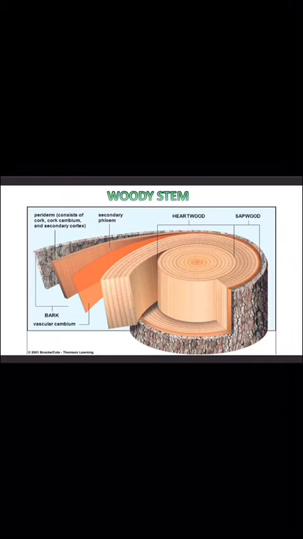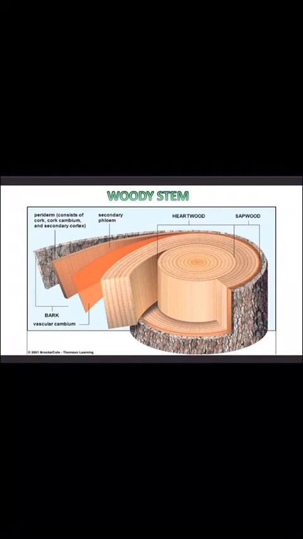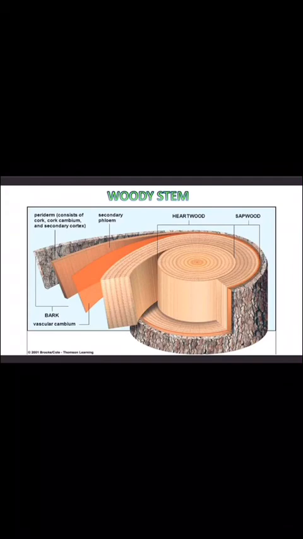And look at this, this is what I want you to focus on: sapwood and heartwood. Now you can see the bark, first layer bark, then second layer secondary phloem, third layer vascular cambium, then sapwood, and centrally there is heartwood.